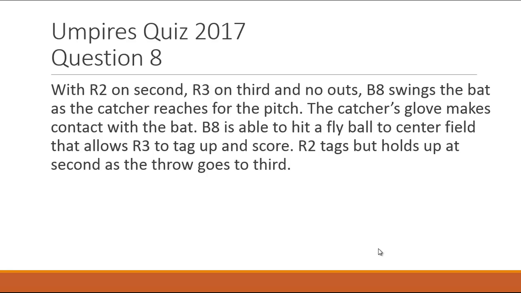So here's the situation. Runner on second, runner on third, swings through the catcher's glove, fly ball to center field that's caught. That's what unfortunately is not in here, and that's not implied. Okay, tag up was the part that dictates that the ball was caught. So R3 tags up and scores, R2 tags but holds up at second, so what do we got?